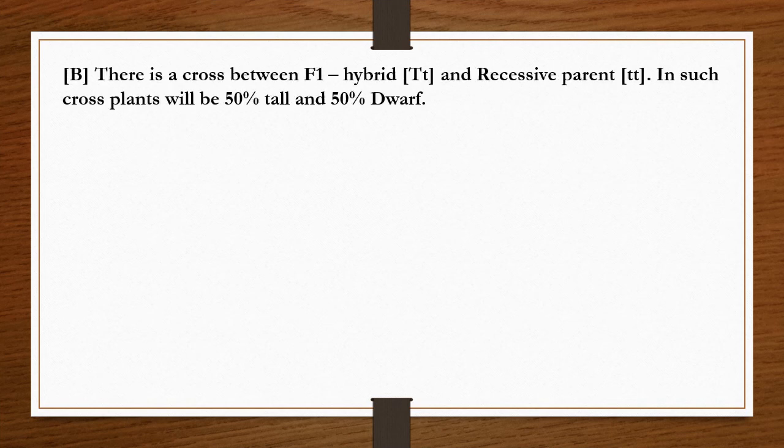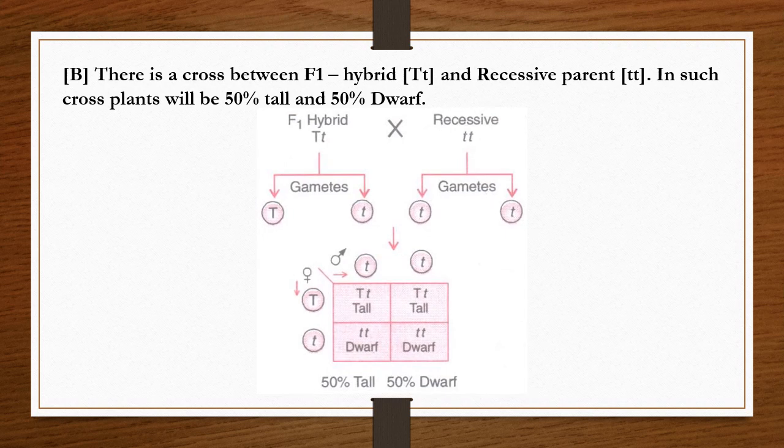The other possibility is a cross between the F1 hybrid and a recessive parent. So in such a case, what happens? The F1 hybrid is always capital T small t, and the recessive parent is small t small t.